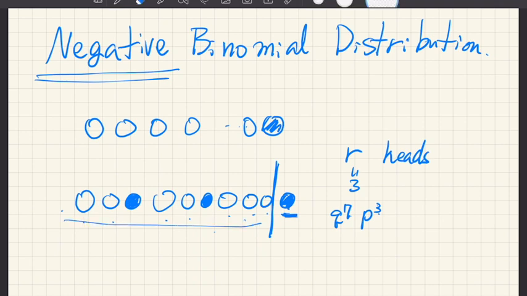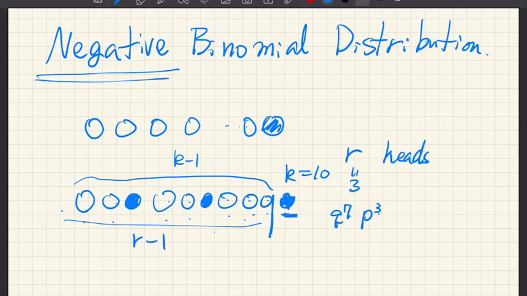So that means if this is the kth attempt, in this case 1, 2, 3, 4, 5, 6, 7, 8, 9, 10, so in this case 10. Before the last one, there are k minus 1 trials, out of which there were r minus 1 heads, right?